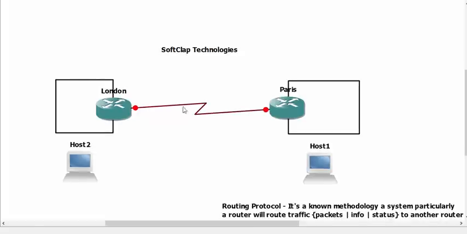So this might be on the 192.168.10.0 network, subnet mask 255.255.255.0. This might be on the 10.10.20.0/24 network. The two of them communicate over a different network.